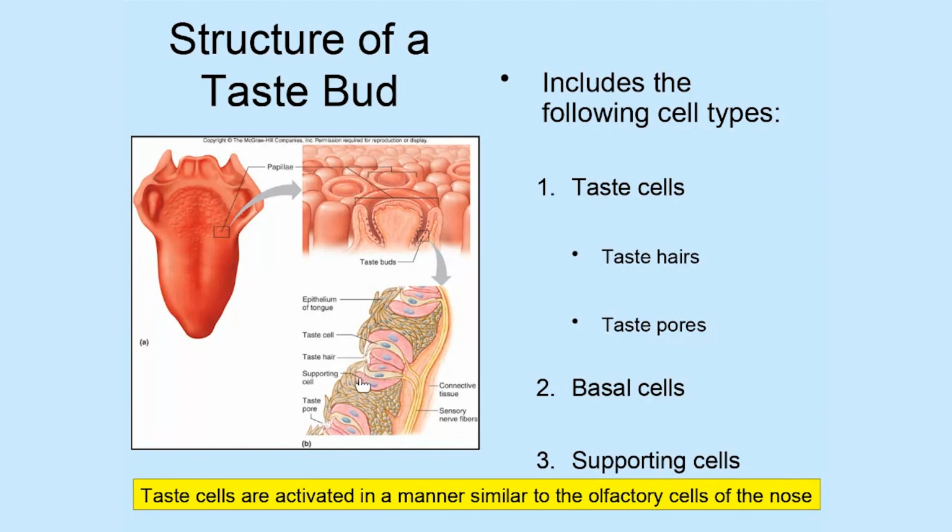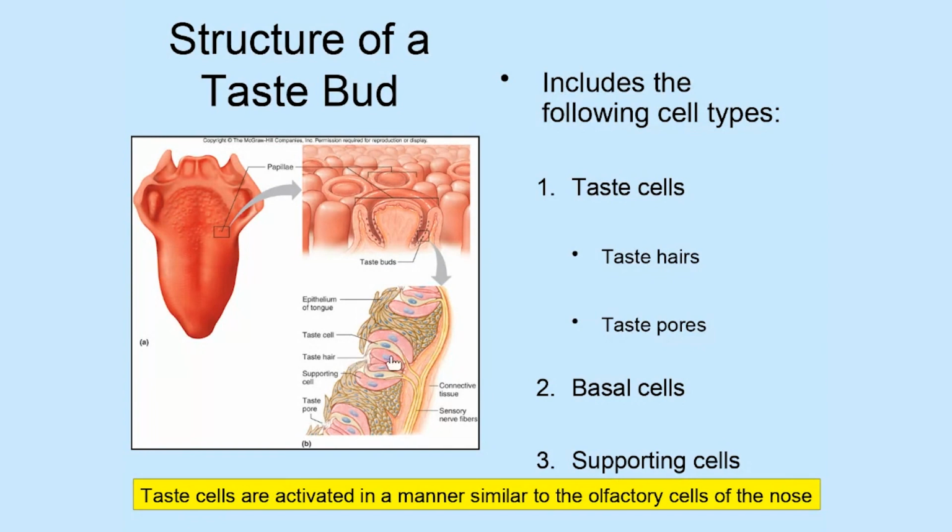And you'll notice that most of the taste bud is kind of covered in this protective casing of other cells. There's a little place where that protective casing opens up, which is known as a taste pore, and the dendritic end of the taste cell extends through this taste pore so that it can bind to chemicals that are dissolved in saliva within the mouth.